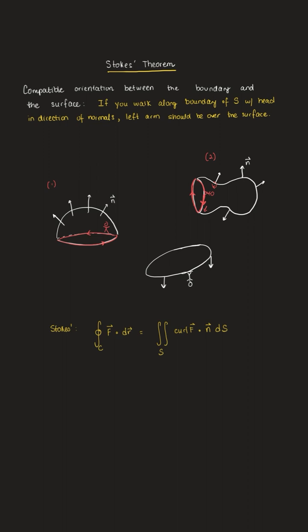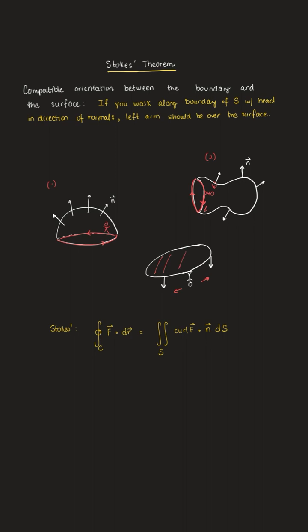Let's look at our final one where the normals are pointing down. And I've drawn a little person already. The head is pointing down along the normals, and I want to figure out how I walk around this so that the region is to the left. So my arm points to the left. Do I want to walk this way or do I want to walk this way? Well, remember we're upside down, so if we walk that way, I believe that my right arm will be over the surface, I mean the region.